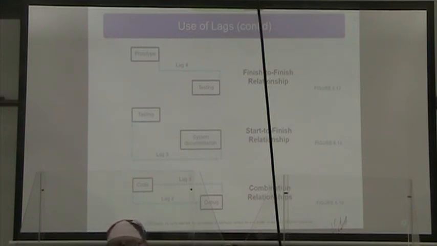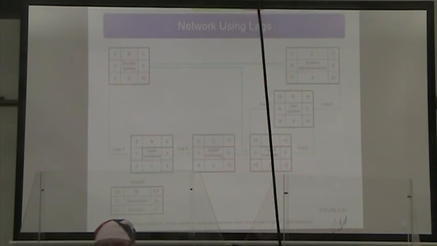And sometimes you have a combination where you're actually starting, for example, here they're talking about coding software and debugging the software as if we can work on that at the same time. All right, so here we have a network using lags.